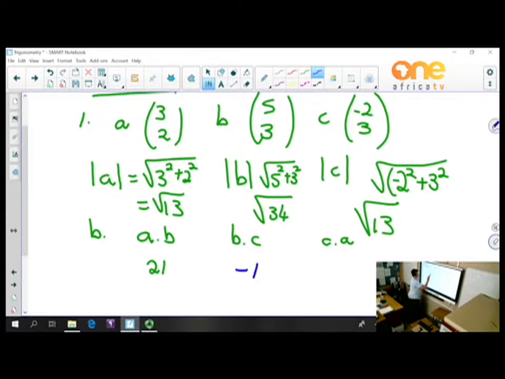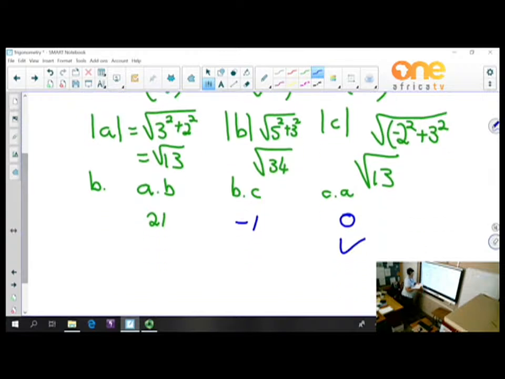And then A dot C is then negative 6, positive 6, which is 0. Then they ask you which of the pairs of vectors are mutually perpendicular. And it will be this one. If A dot B is 0, then they are perpendicular. That's a very important fact there.